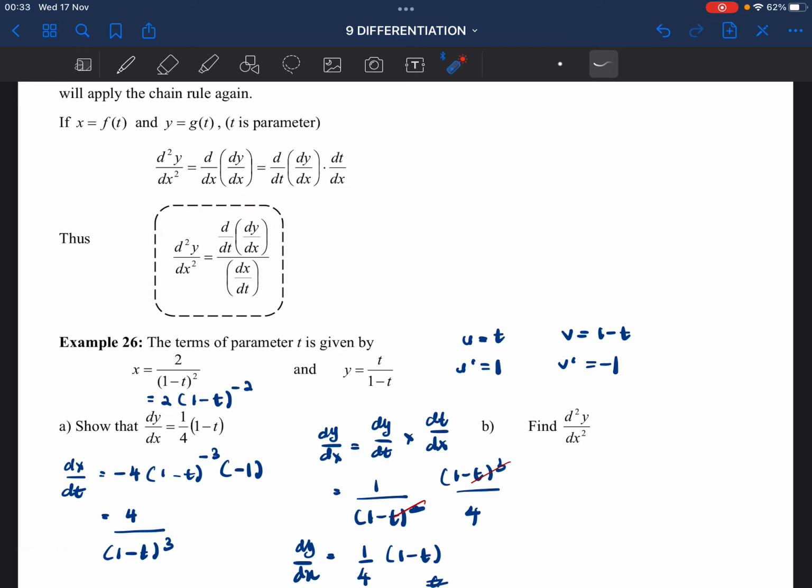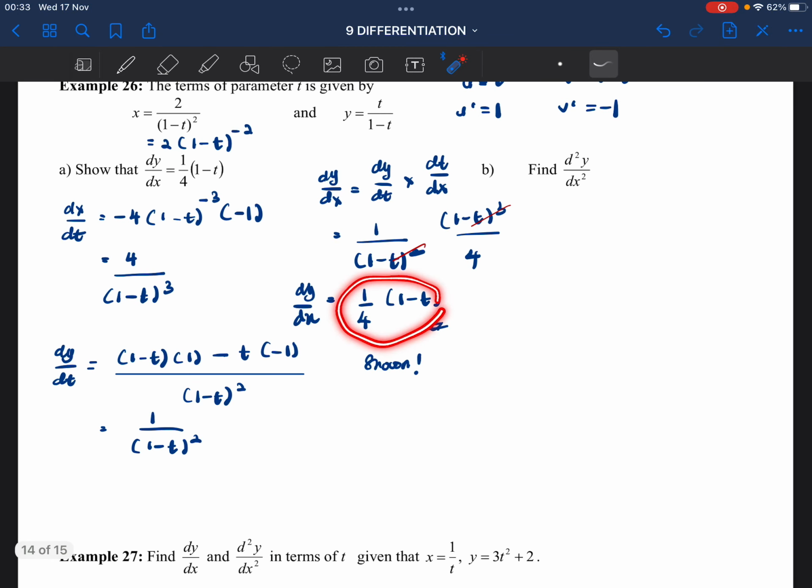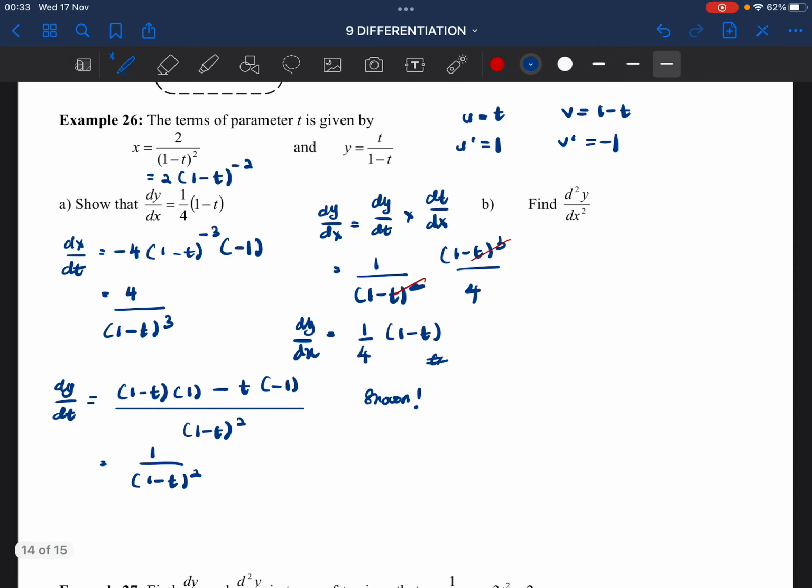Okay, so this formula, what you have to do is basically the first part, the numerator, you just have to differentiate this with respect to t. So here is the formula. So d2y over dx square is equals to d over dt dy over dx.